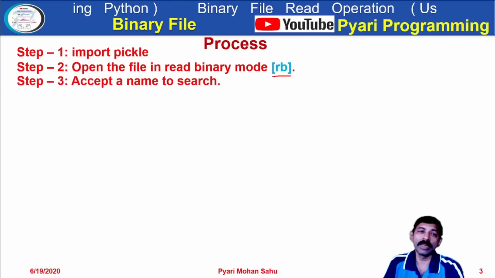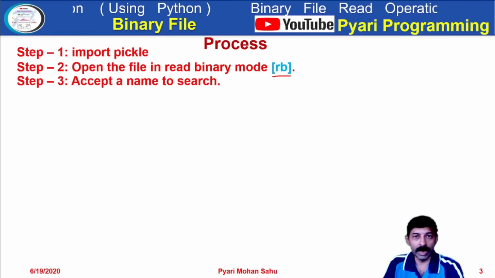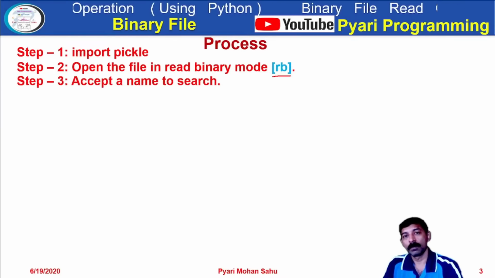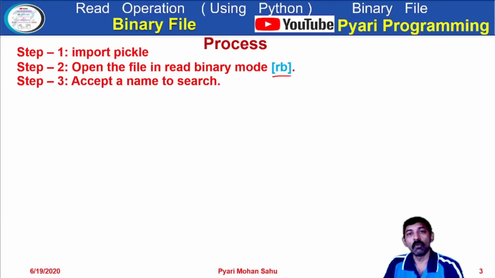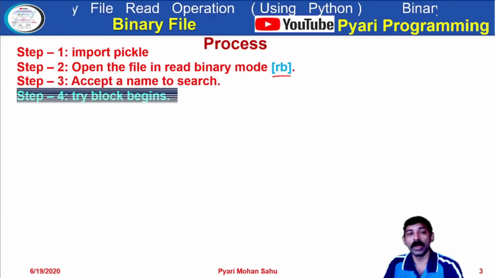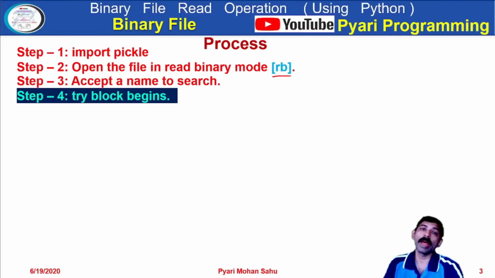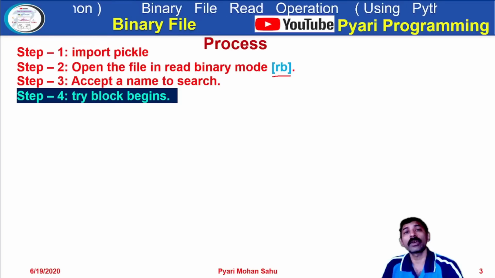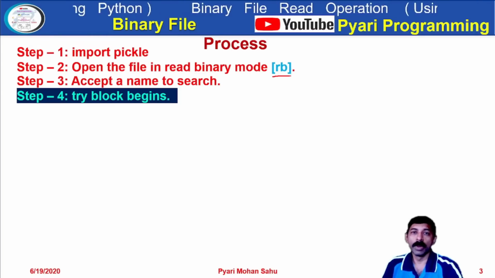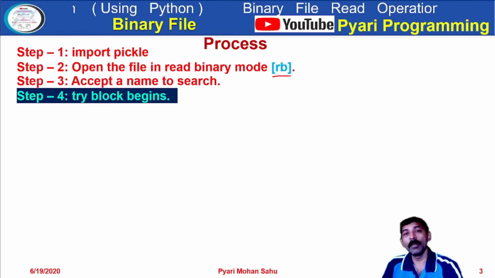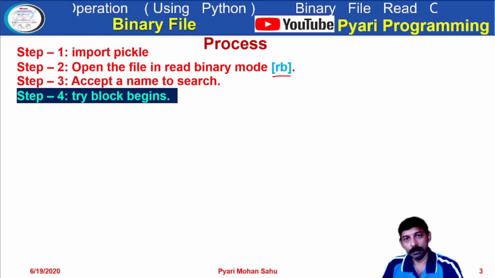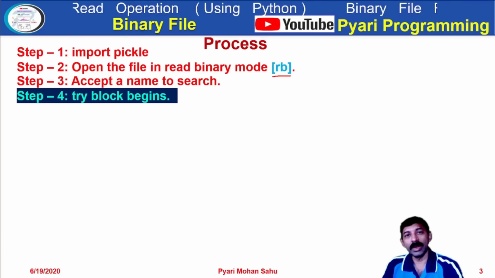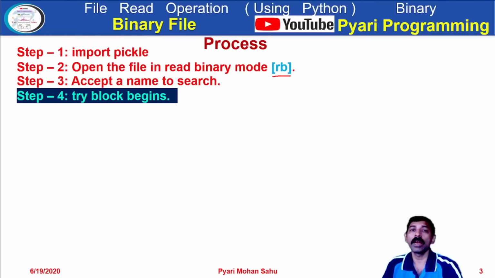After opening the file, I need to accept the name that I want to search. Is it clear? Once accepting the data, I will do the file operation using the try block. What is the need of the try block here? Because I don't know how many records there are in the file, while reading I may reach the end of the file.